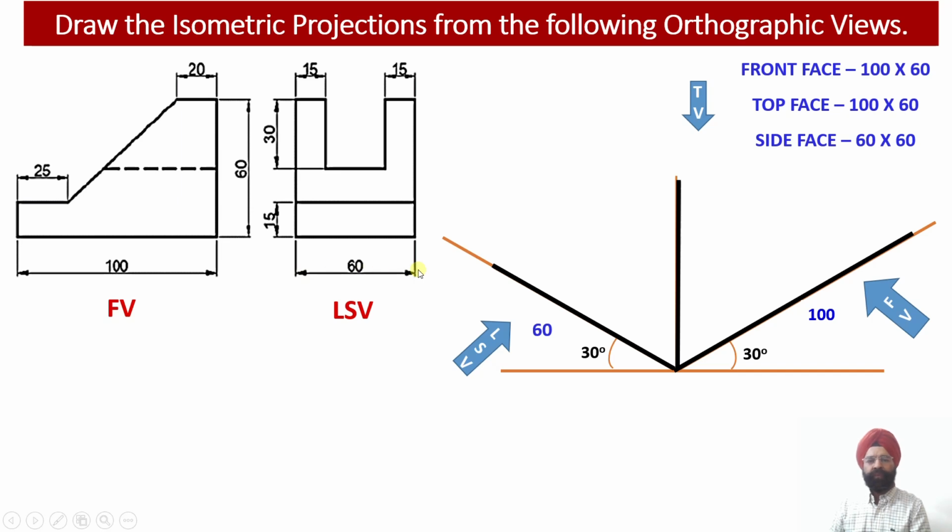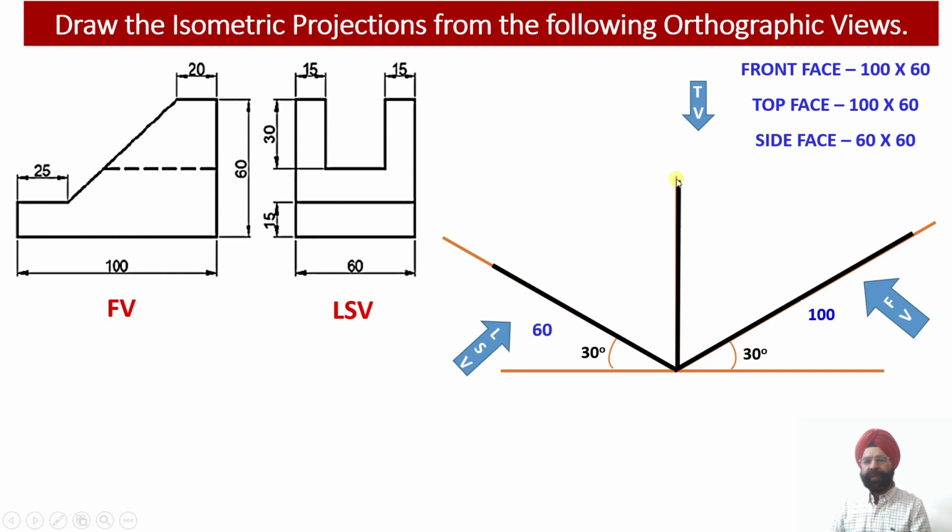We know the width of the solid is 60 millimeter. So we have marked 60 millimeter length along the x-axis over here, right? So this x-axis is 60 millimeter. Similarly, the y-axis, that is the height of the solid, is equal to 60 millimeter. So this y direction, that is the edge of the solid, will be 60 millimeter.